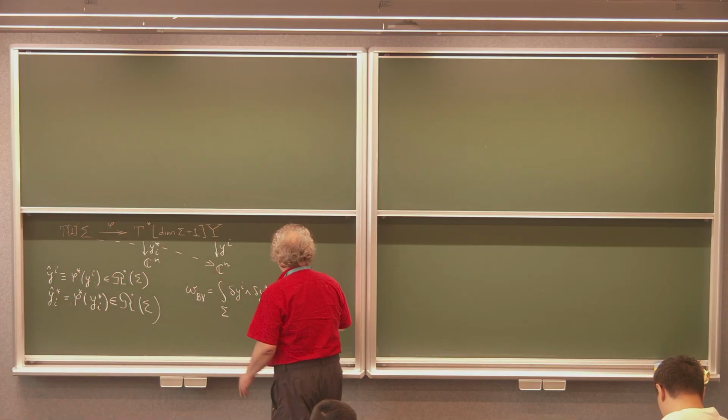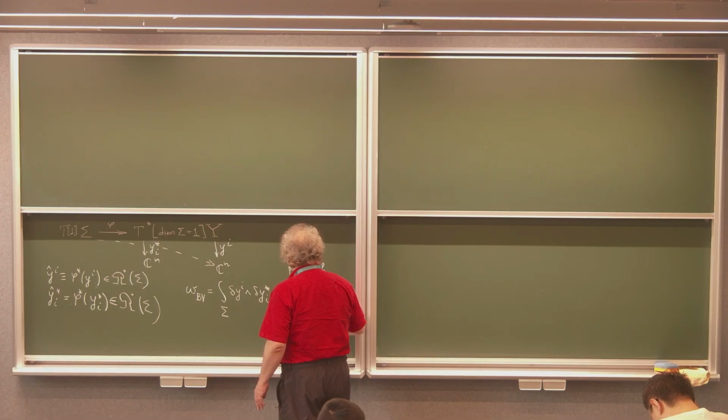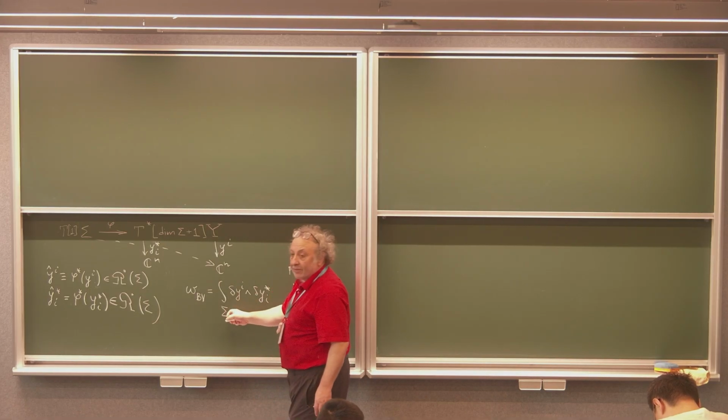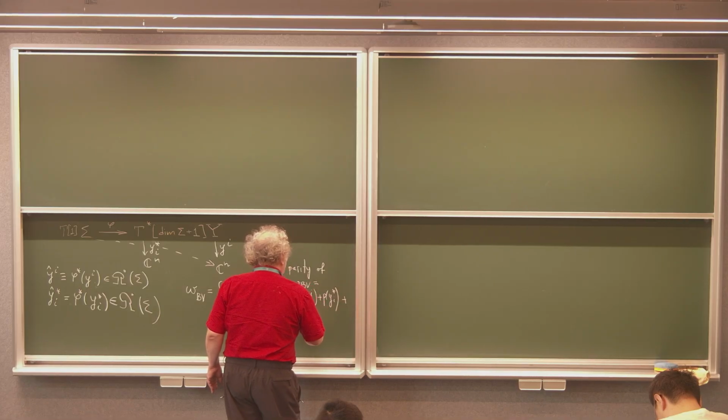Now the parity of omega BV equals the parity of yi plus the parity of yi star, and also plus the dimension of sigma.